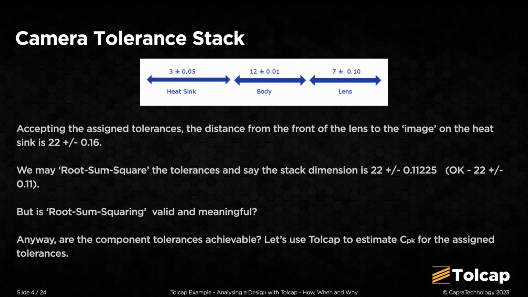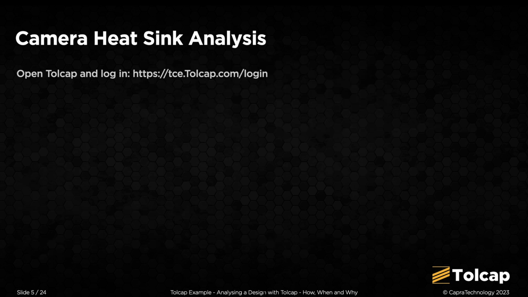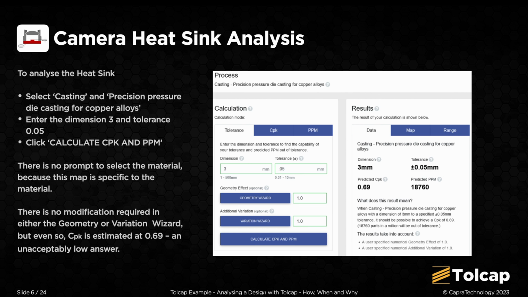Let's use Tolcap first to estimate CPK for the assigned tolerances. So open Tolcap and log in. In the process group, select casting, select precision pressure die casting for copper alloys, check we're on the tolerance tab, enter the dimension as 3, and for tolerance plus or minus 0.05, and click calculate CPK and ppm.